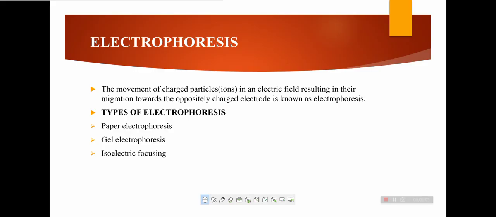In electrophoresis, an electric current is used to move molecules to be separated through a medium. Alright, so there are different types of electrophoresis: paper electrophoresis, gel electrophoresis, isoelectric focusing, PAGE. So these different types of electrophoresis techniques are used in the diagnostic laboratory for the separation of compounds.